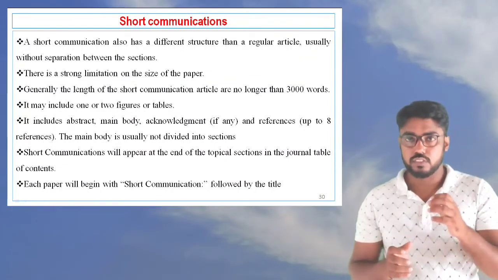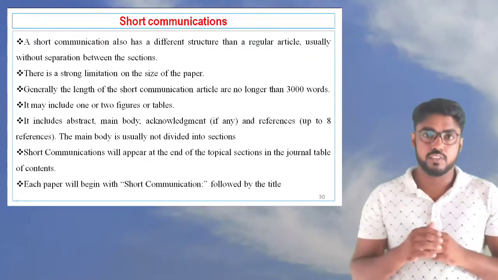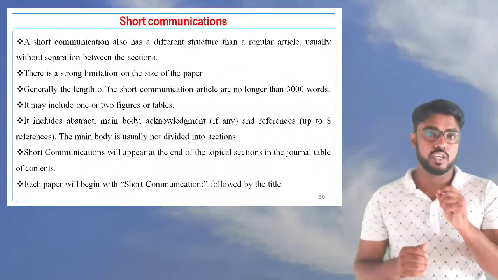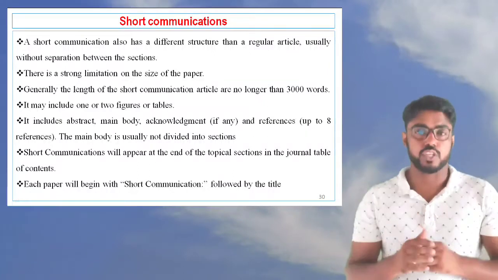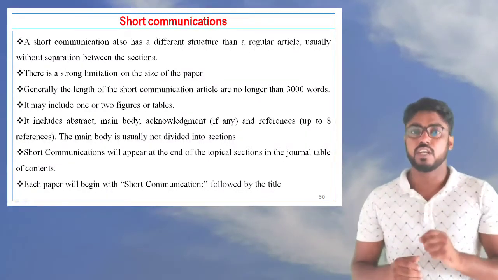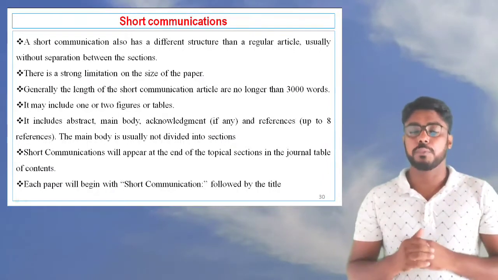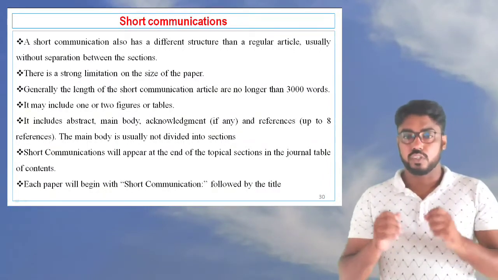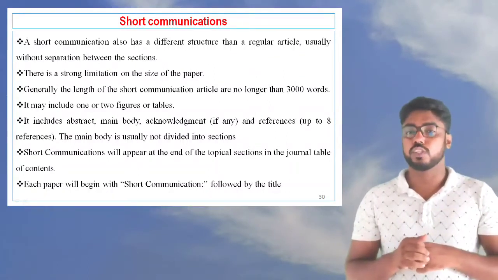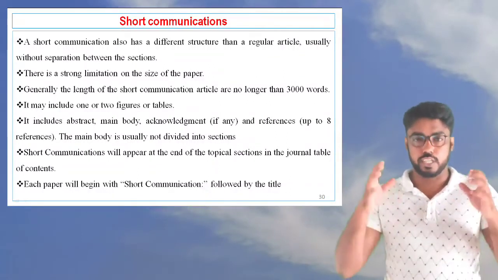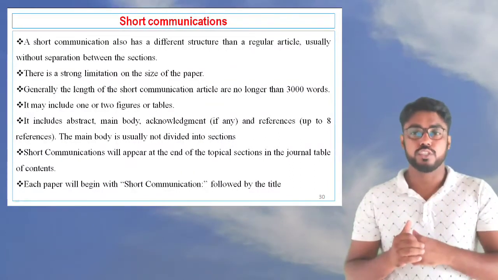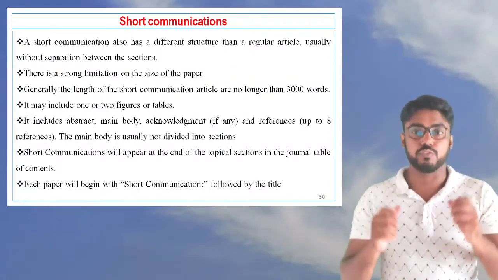A short communication has a different structure than a regular article. It usually does not have separation between sections, and there is a strong limitation on the size of the paper, generally no longer than 3000 words.